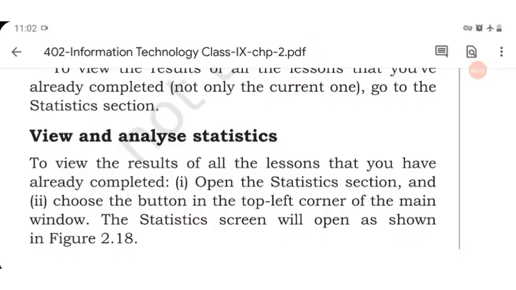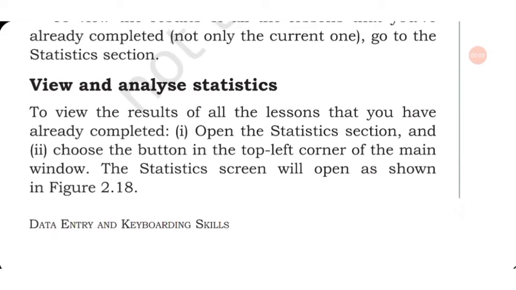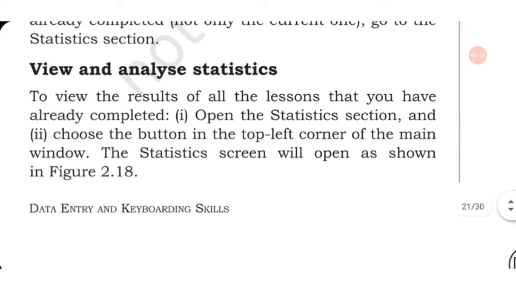Then the next topic is view and analyze statistics. So to view the results of all the lessons that you have already completed, open the statistics section and then choose the button in the top left corner of the main window.